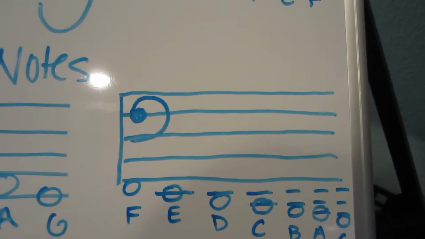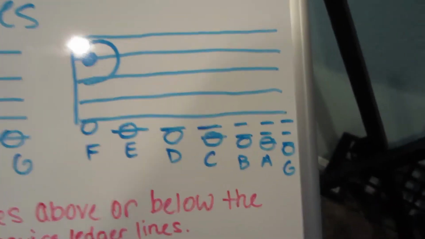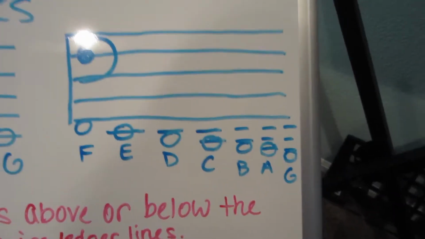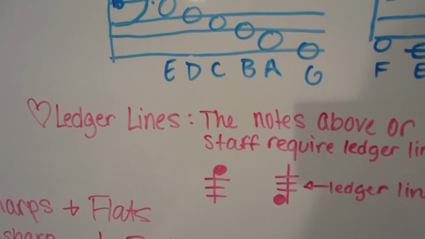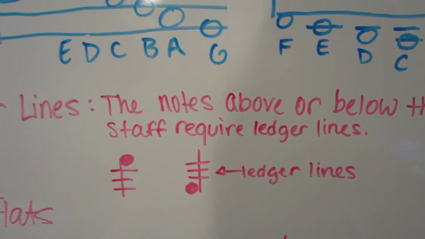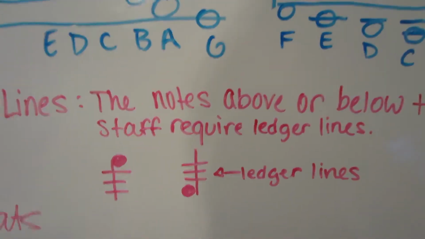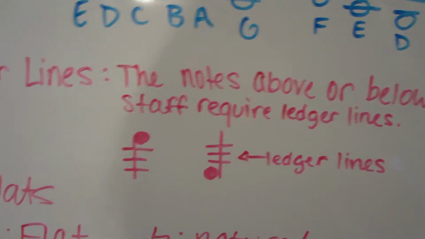And then on the bass clef, same thing, but upside down. You extend the staff and write the notes below. They are called ledger lines: the notes above or below the staff require ledger lines. Hence the ledger lines. Yay!